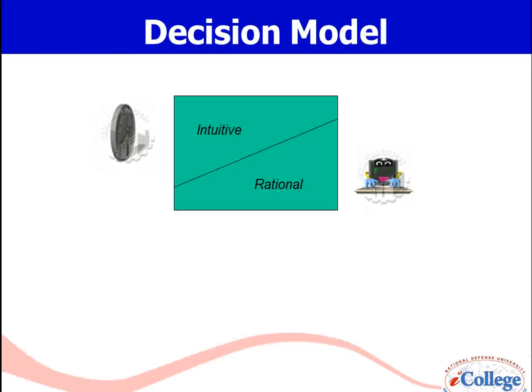I would suggest that the approach you take to making decisions, broadly defined as intuitive versus rational, will be dependent on the amount of time available to you, the complexity of the problem, your own experience and knowledge, and of course a number of other factors and constraints.